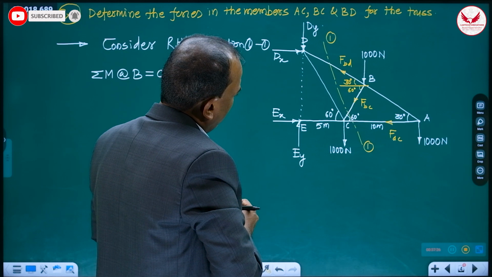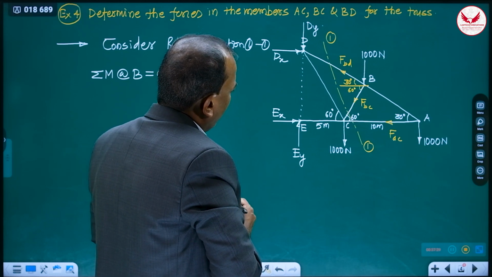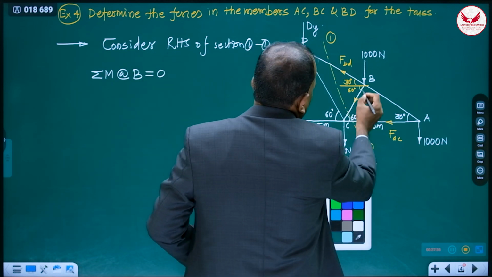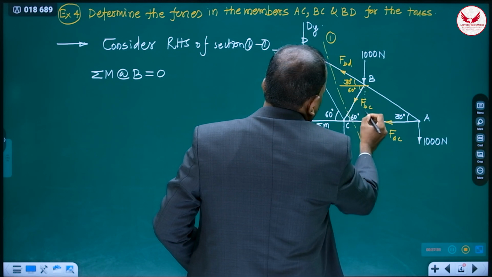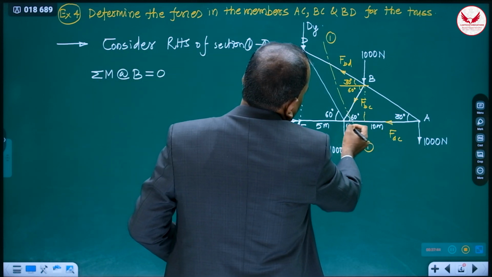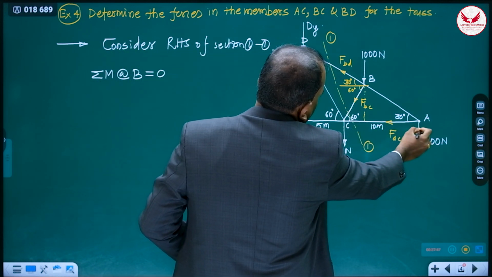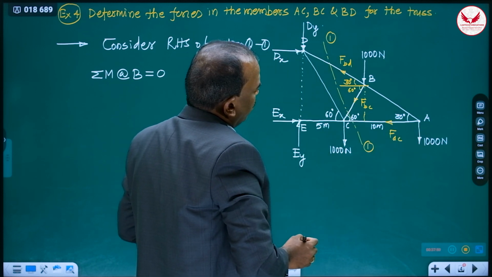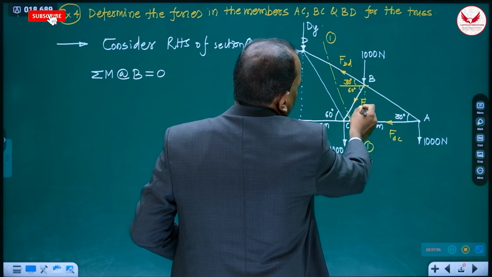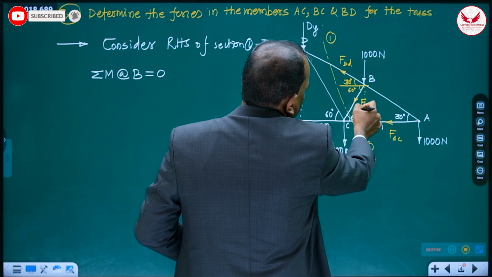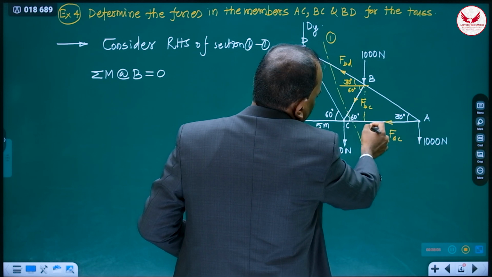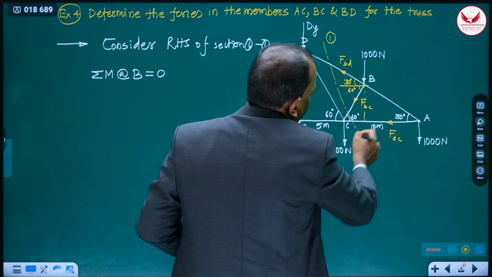Here we need to make a few calculations. If you drop this perpendicular from B, for taking the moment about B we need this distance also. The moment of the forces BD, BC is 0. Only there will be a moment of the 10 force, and for that we have to calculate how much distance.